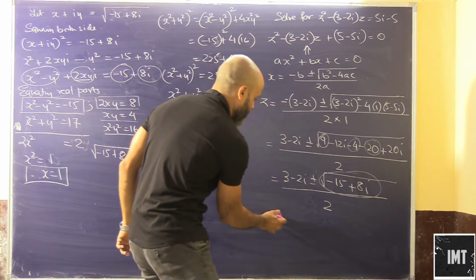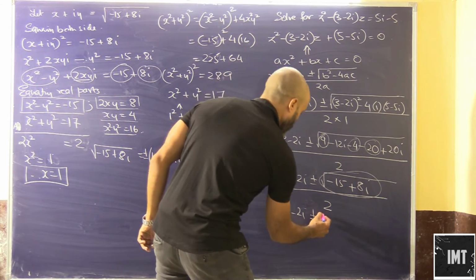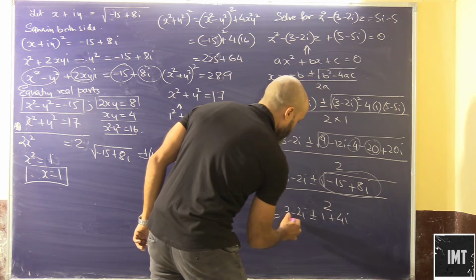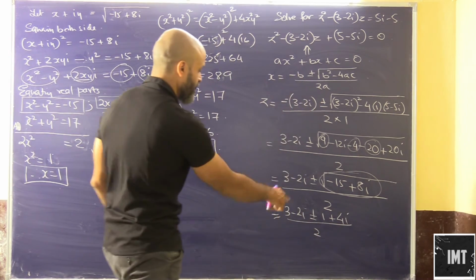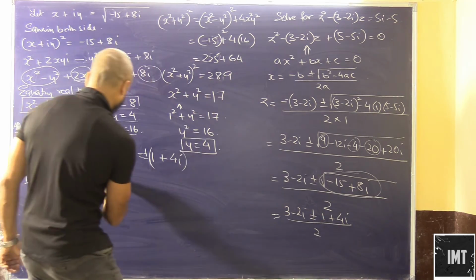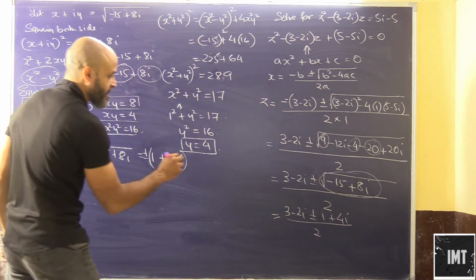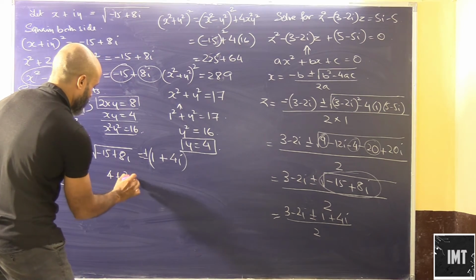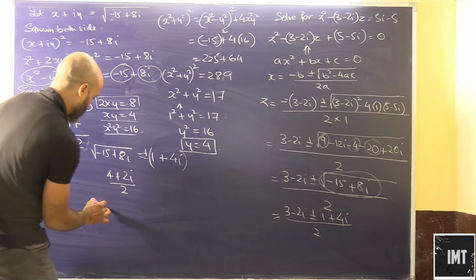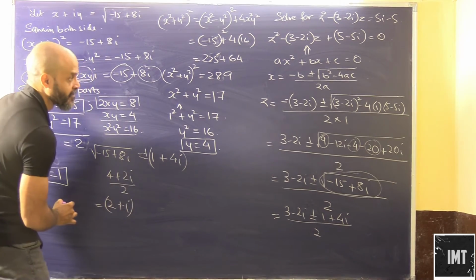So in this case we can substitute 3 minus 2i plus minus 1 plus 4i upon 2. Okay, so we will get by plus, so 3 plus 1 is 4, and minus 2i plus 4i, so that will be plus 2i by 2. So that's going to be 2 plus i. One answer would be this.